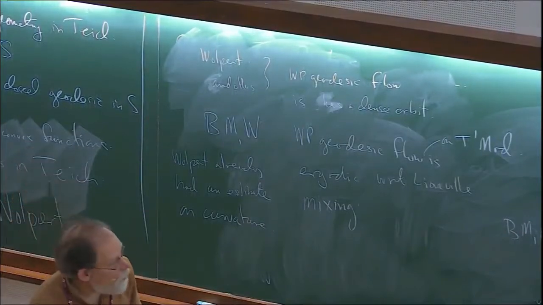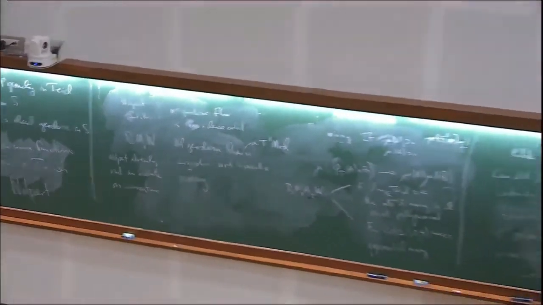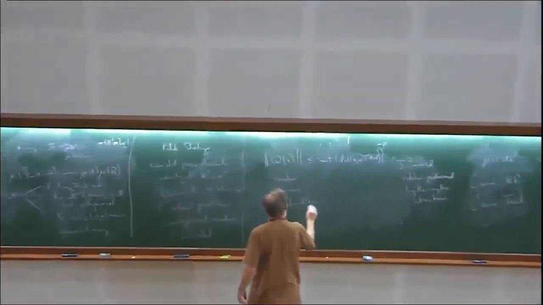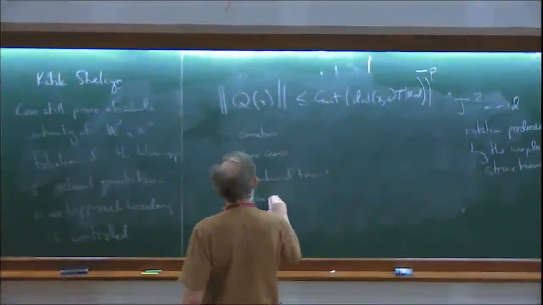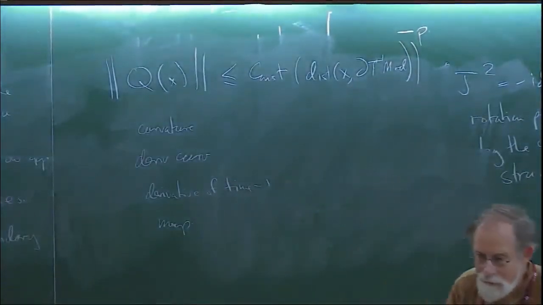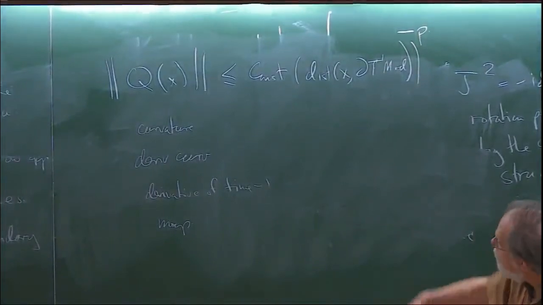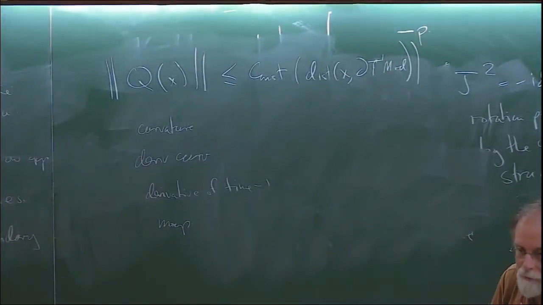And then you also have to control, as well as these things, the derivative of the time one map. And there's a ghastly section where we acquire that control. Now, that's roughly what we did in that paper.